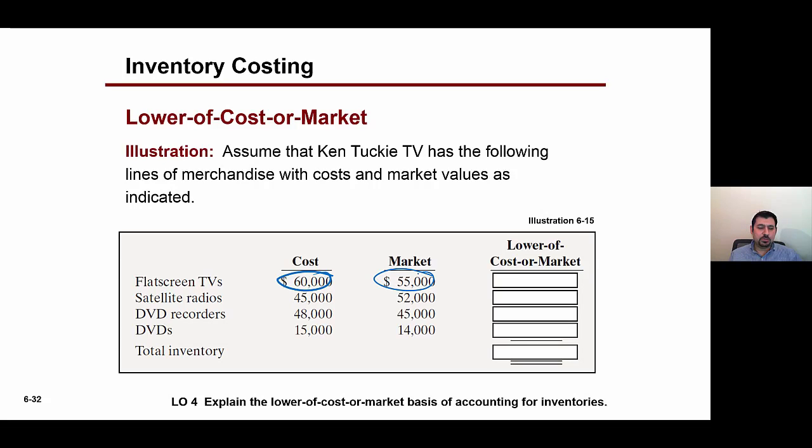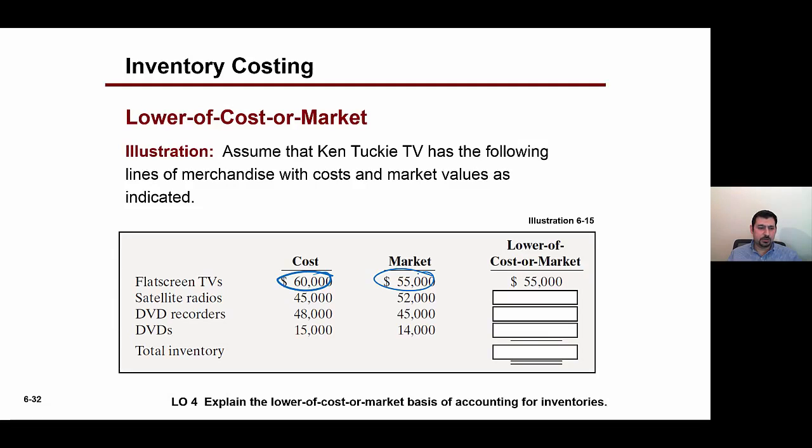That usually means that, for example, if this is a 5-year-old TV or 10-year-old TV, and the company is going to purchase them again now, most probably it will be cheaper, and this would also drive the selling price as well. Under LCM, lower of cost or market, the company will report this at market in this case.